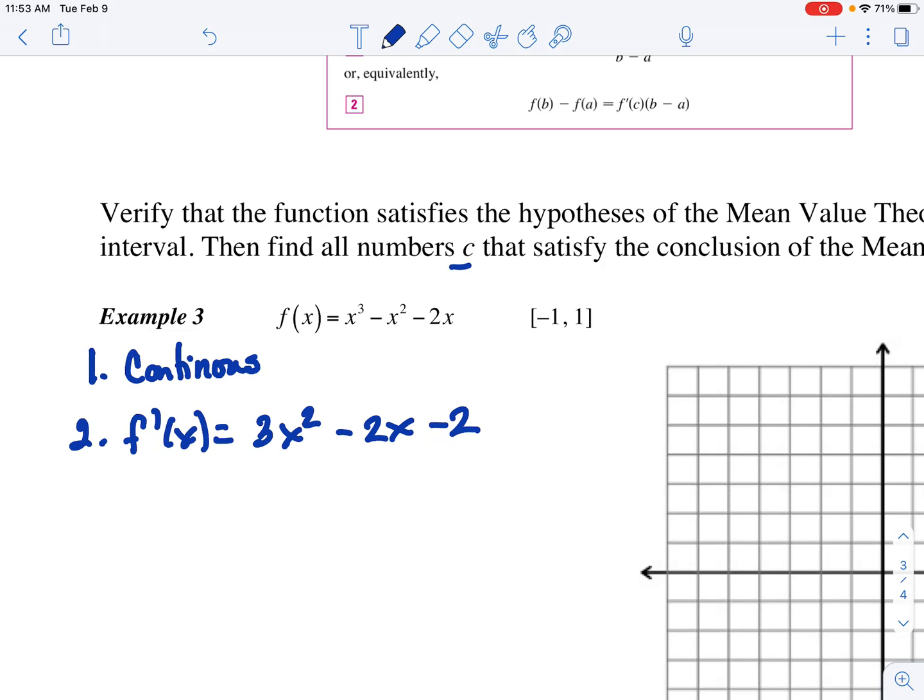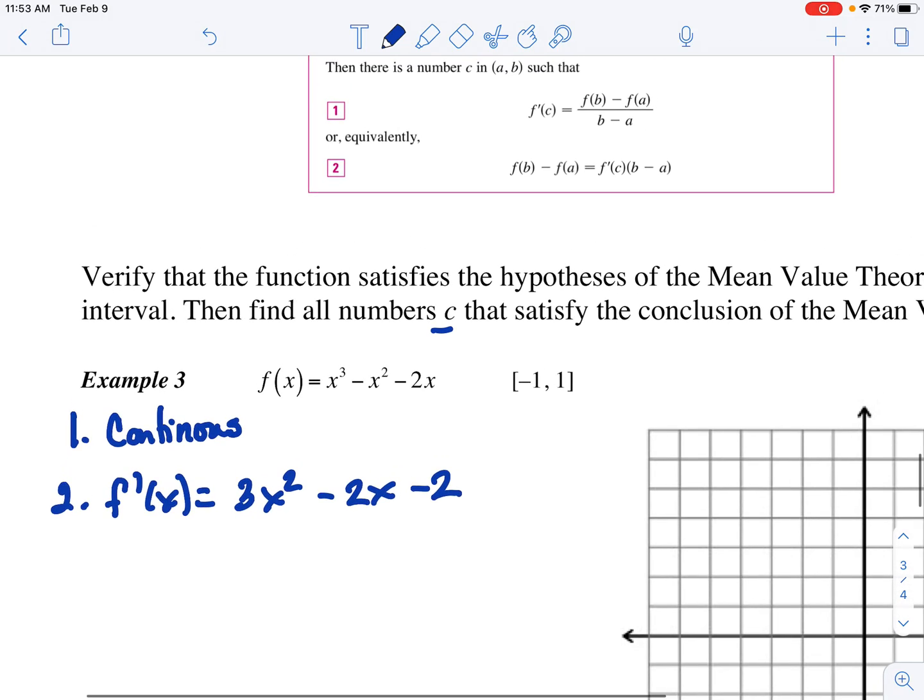Mr. Diaz, how do you know it's continuous? Well, is there any point, even within this interval, where it would be undefined?